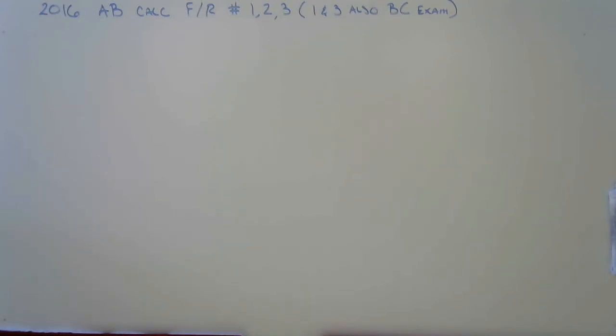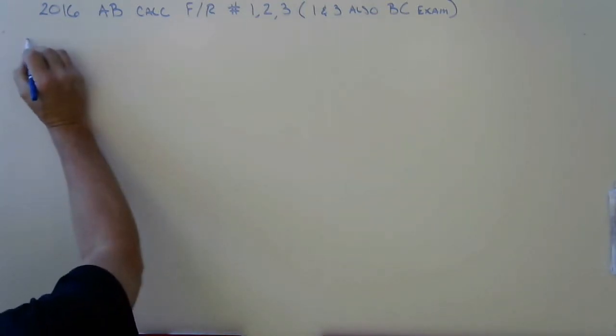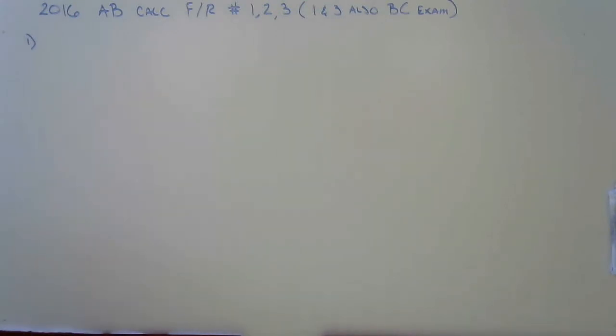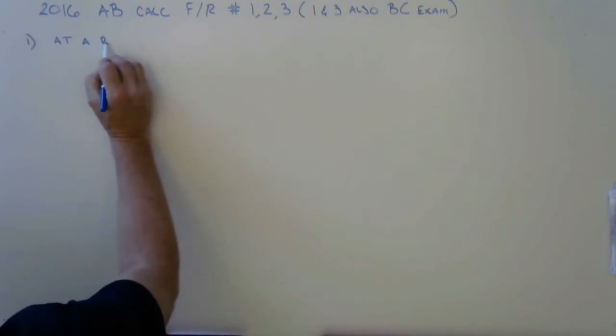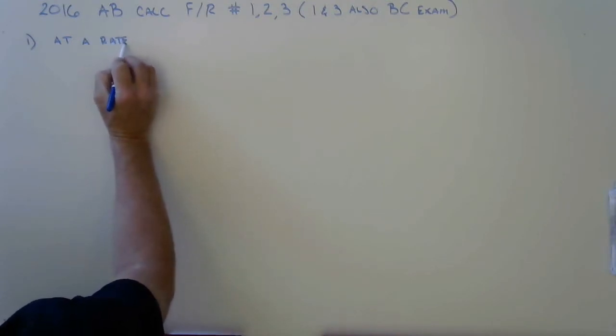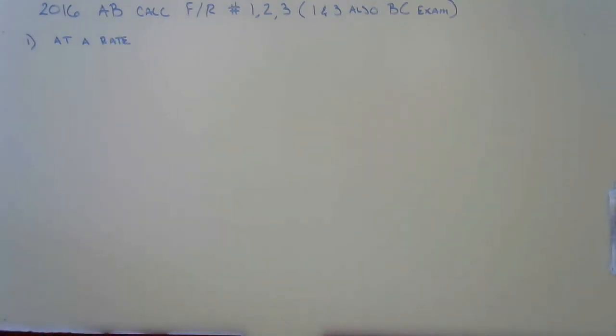So we read the problem and it says water is pumped into a tank at a rate modeled by. And as soon as we see those words, we know we're discussing a derivative, a rate of change. And they give us a formula for that.